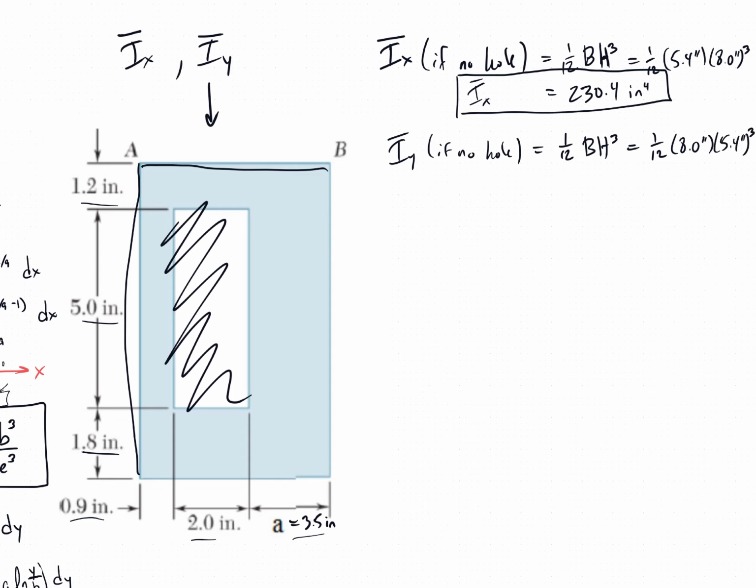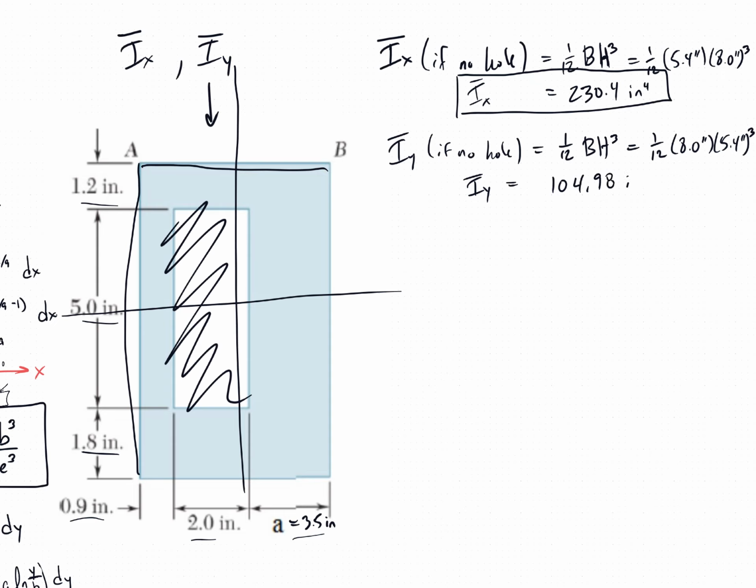Note that we would expect this number to be a little bit smaller, because hopefully you can see that bending it around this axis would be a little bit easier than bending it around that axis. So let's plug this in with our little fancy calculator. And sure enough, it's easier to bend: 104.98.